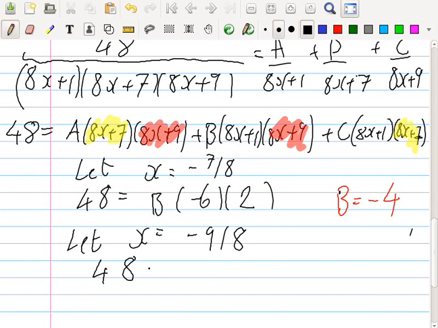They'll go as well. So let's see, again, C bracket, so minus 9 over 8 times 8 is minus 9, plus 1 is minus 8, and then 8 times minus 9 over 8 is minus 9, plus 7 is minus 2, that's a 16. What's that, 3 times? Yeah, 3 times with a positive. So here we get C equals 3.